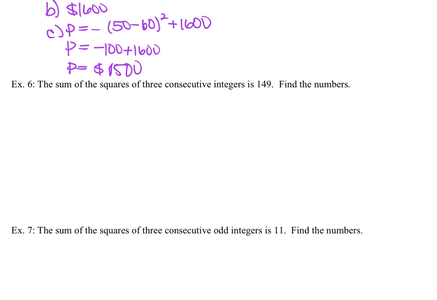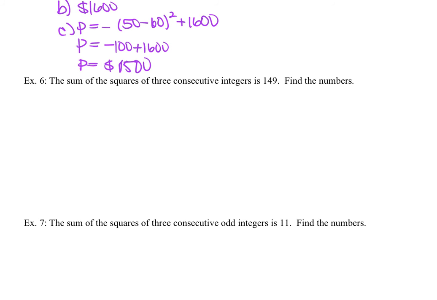In the next type of example, we're told the sum of the squares of 3 consecutive integers is 149. So if I want to look at consecutive integers, and I call the first integer x, then my next consecutive integer is just x plus 1, because that's just my next number.